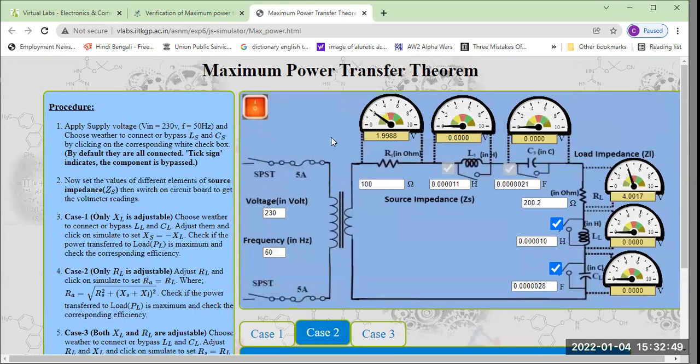Now if I again change this portion, then this load will draw maximum power, which means this load will give you the maximum output.